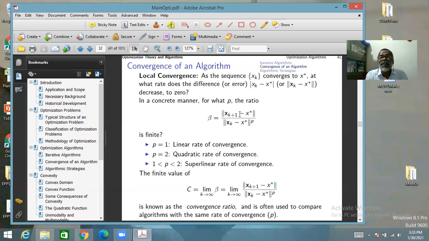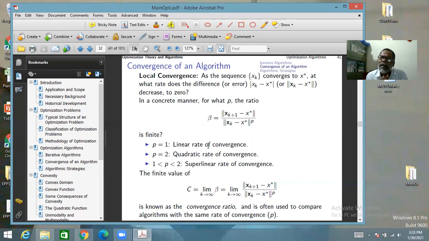On the other hand, if it were not so, if this were higher, then without this p it might have gone to infinity, which is very disastrous for that matter. So you ask for a value of p for which this ratio is finite, and then you say if p is 1, then it is a linear rate of convergence.